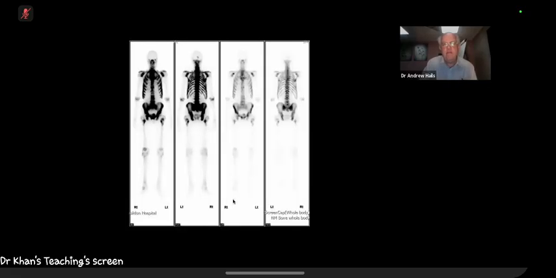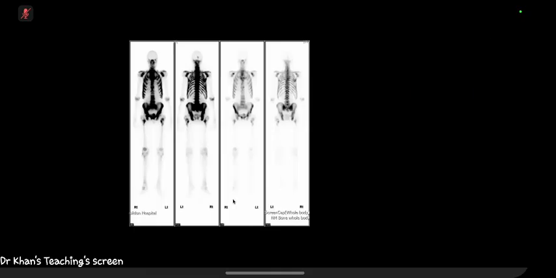Now, same person, and we'll also say that this person is a 65-year-old man. Would you like to comment on this? Okay, so again, anterior and posterior projections. This demonstrates diffuse uptake involving all the ribs, pretty much all the spine, bilateral symmetrical uptake of the hemipelvises, with some uptake at the femoral regions as well.